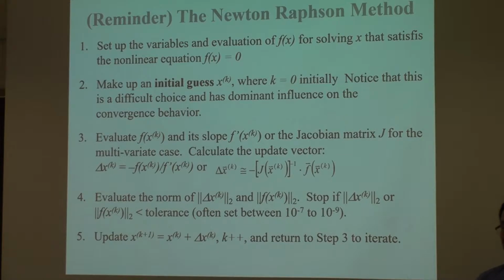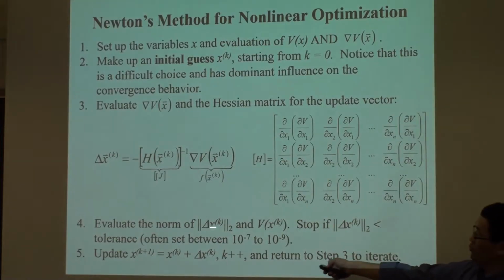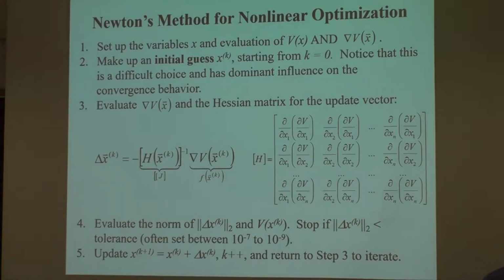Because the two problems are equivalent. Optimization is a search for the gradient of the objective function to go to 0, which is equivalent to solving that set of nonlinear equations. So only this line is different. There's one more small difference, which is the evaluation. When you evaluate the norm, now you evaluate the norm of your step size.